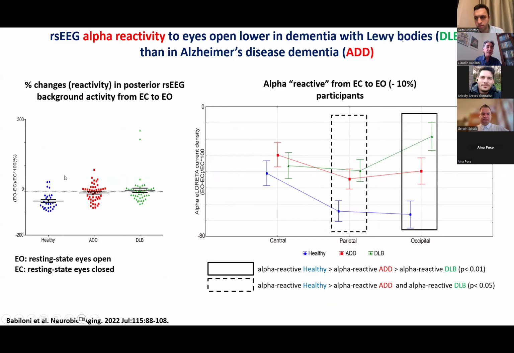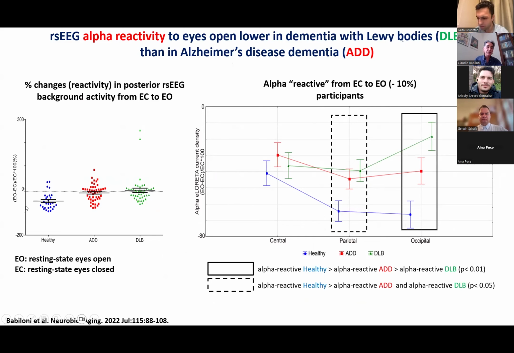And so you can see here in this left graph, any dot is a person, and you see that most of the healthy subjects in blue, a lot of participants, show this percentage reduction of alpha power activity during eyes open.